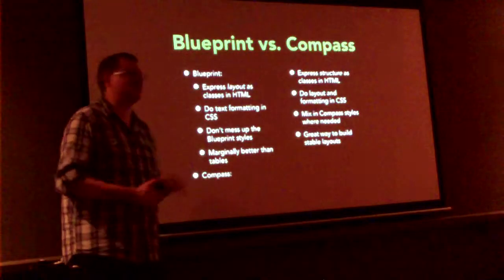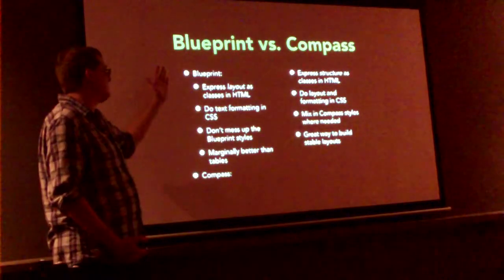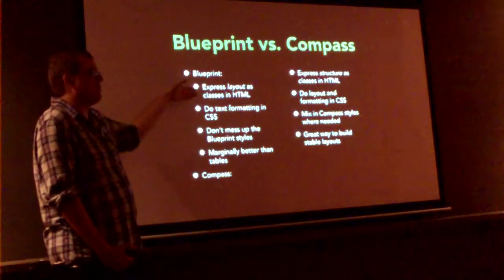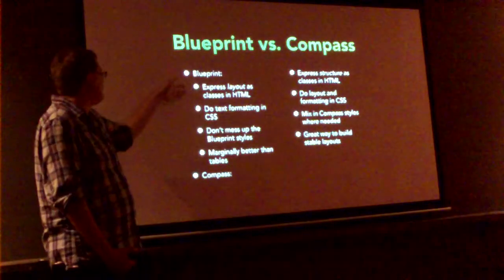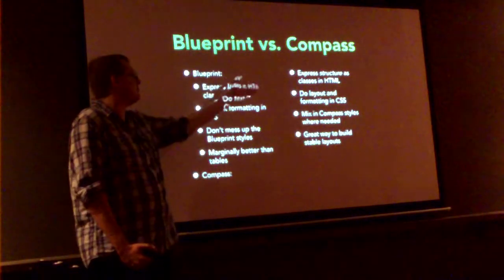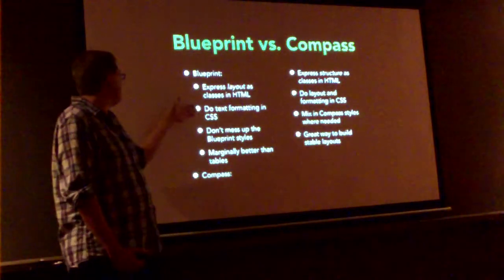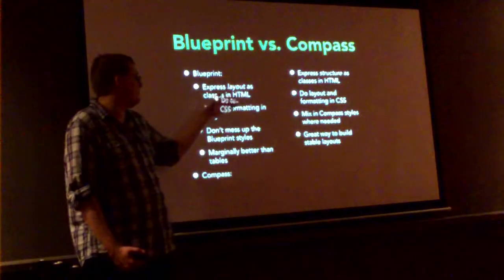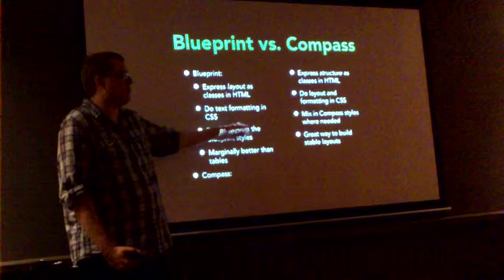We just kind of had this discussion, but in Blueprint or a traditional CSS framework, your layout's tied to your HTML. In Compass, your document construction is in HTML. In Blueprint, your text formatting you can do in CSS, but in Compass you do all the layout and formatting in CSS.